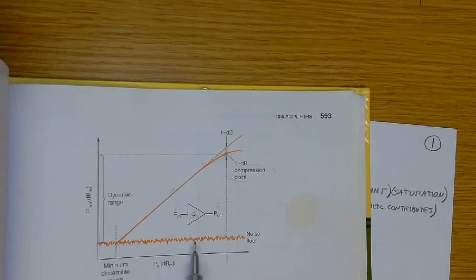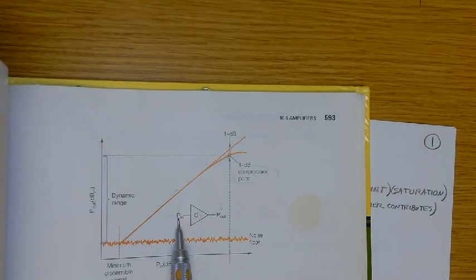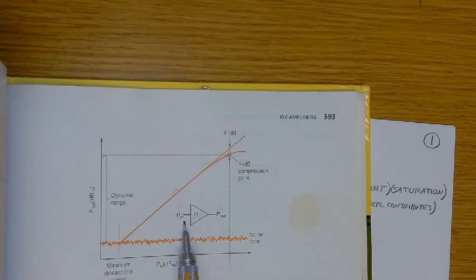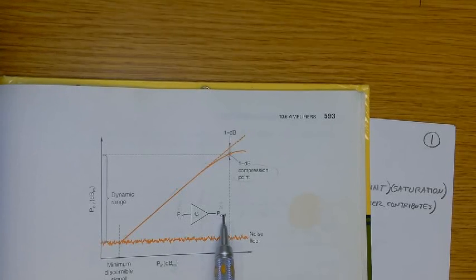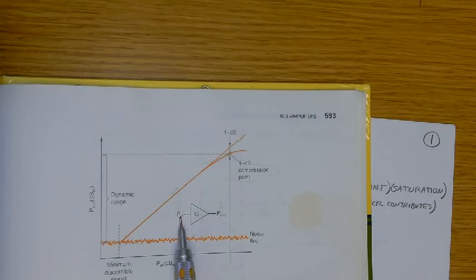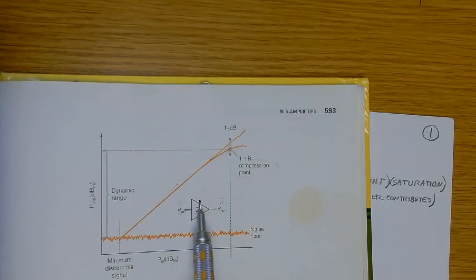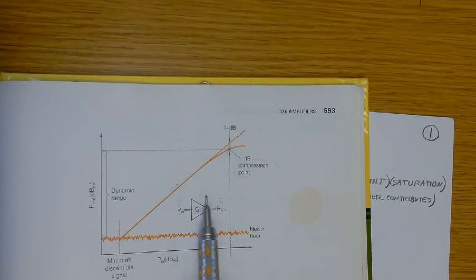So remember what this is about. It's pretty simple. If you have a gain G and you have some input voltage V in and some output voltage V out, then the output will be the voltage gain times the input over some range of input voltage. At some point, the output voltage is going to equal the power supply voltage, and at that point the output voltage can't get any higher than that.